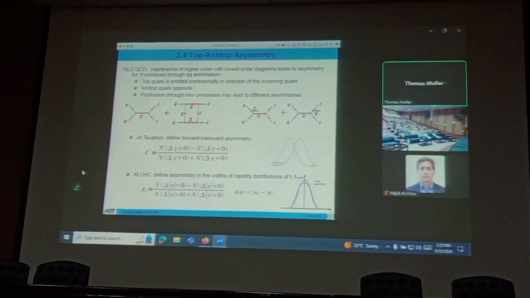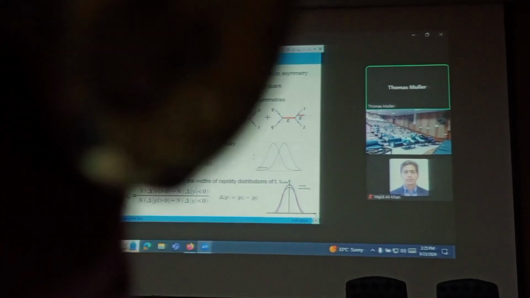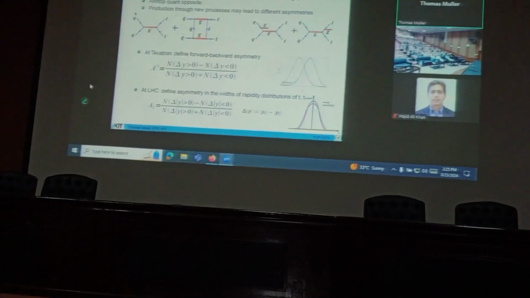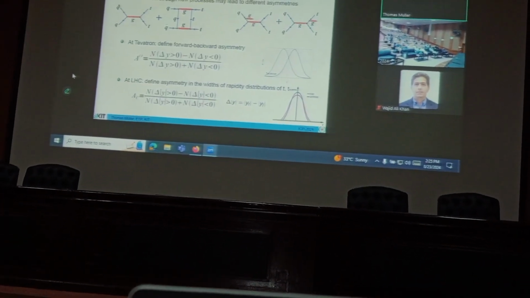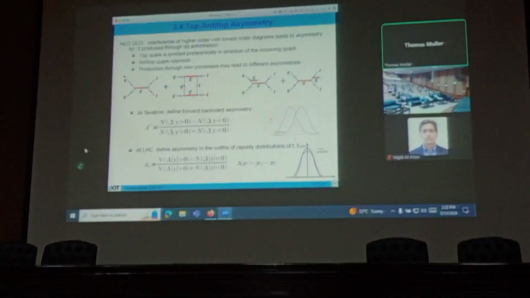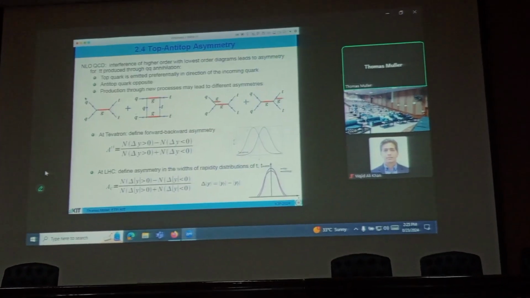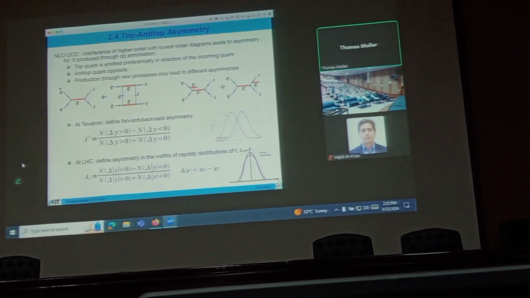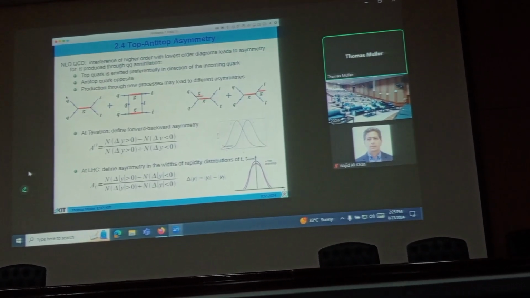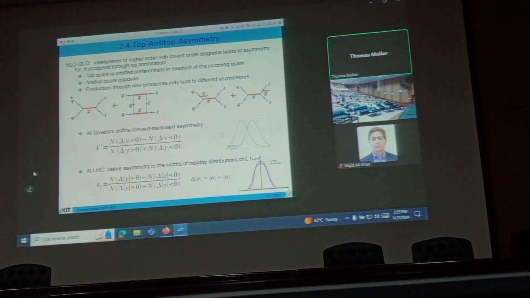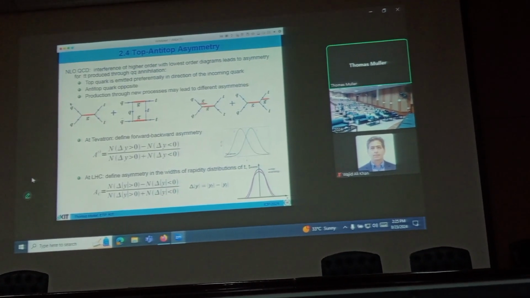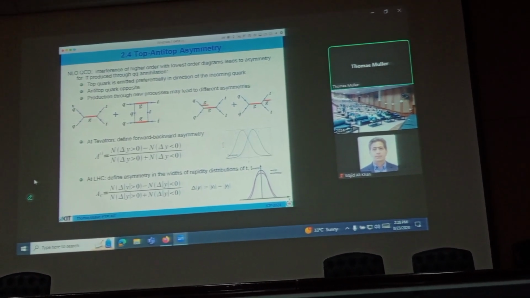So let's stay at the moment with the production of the top quark pair from q q-bar annihilation. As you know, at the LHC, you have one valence quark and most times one sea quark, sometimes one sea quark and one sea antiquark to produce t t-bars.